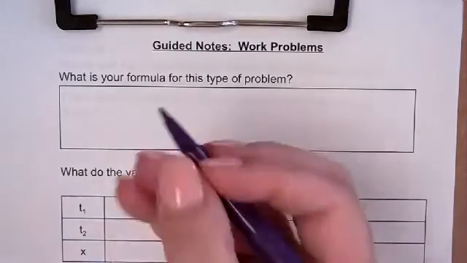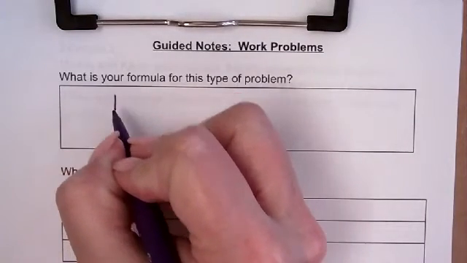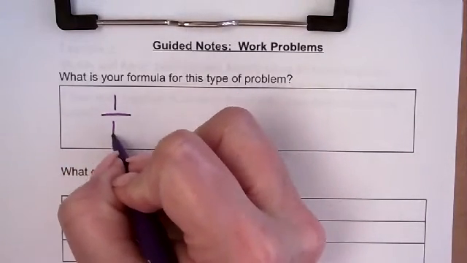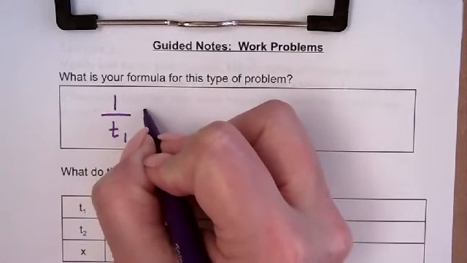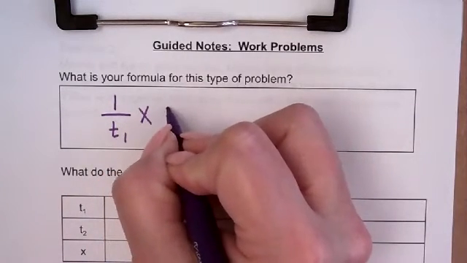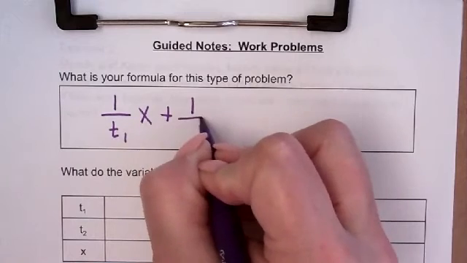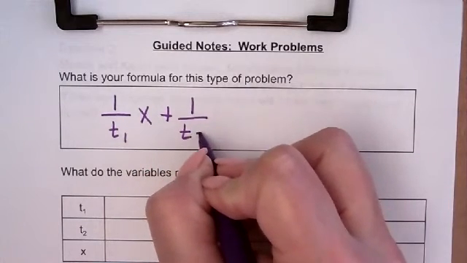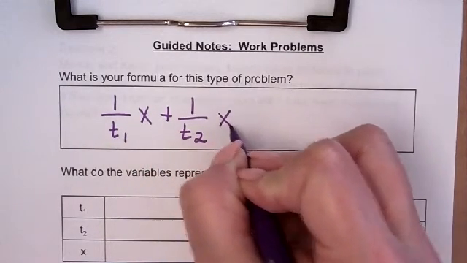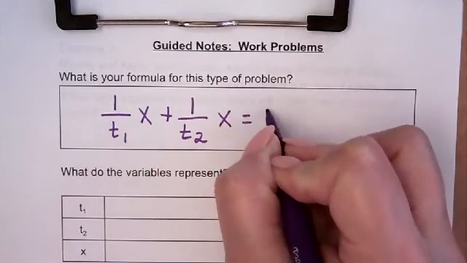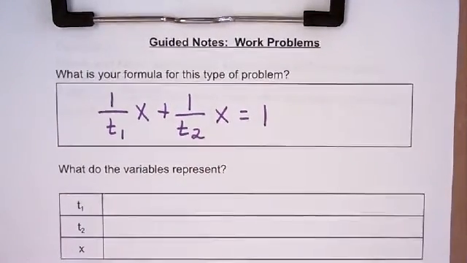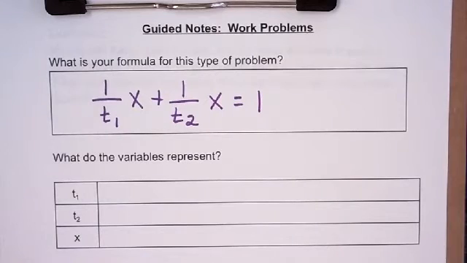Our formula looks like this: 1 over t sub 1 times x plus 1 over t sub 2 times x equal to 1. Okay, now I was like, what in the world is all of that?